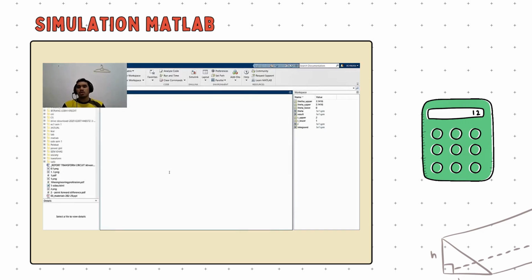For the simulation part, I'm using MATLAB to solve the answer. For the first step, we have to define the symbolic variables. We have to key in r and theta.